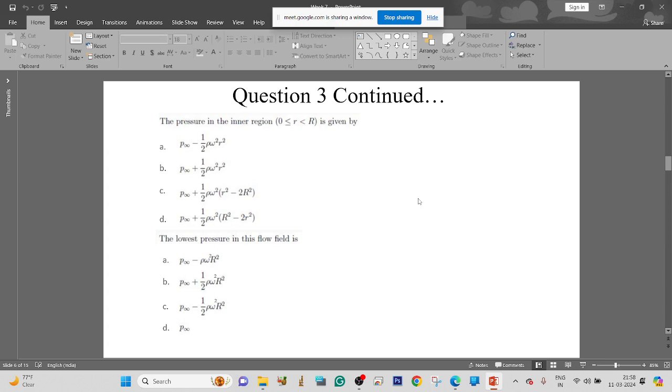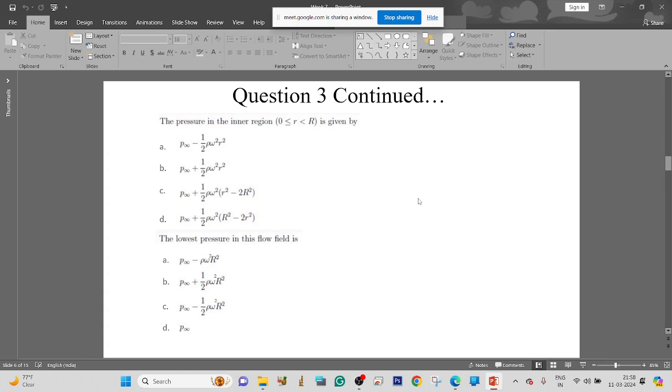Now as I said, the pressure gradient may change at this point, but at small r equal to capital R, the pressure is bound to be equal in both directions, right? Whatever equation we apply, the pressure at one point will be equal.